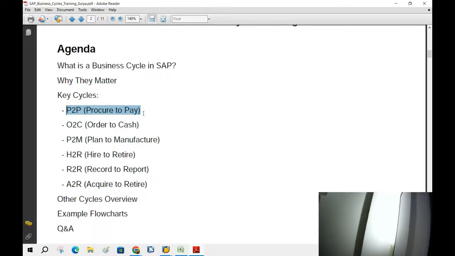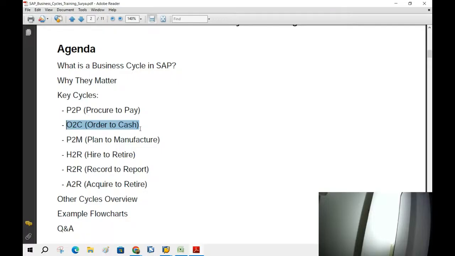Right. The second cycle, I'm writing down in note 2: order to cash. Order to cash is when the customer has ordered two Xerox machines from you. You are selling and collecting the cash from Adrian. Adrian is my customer to whom I am selling two Xerox machines and collecting the money from.